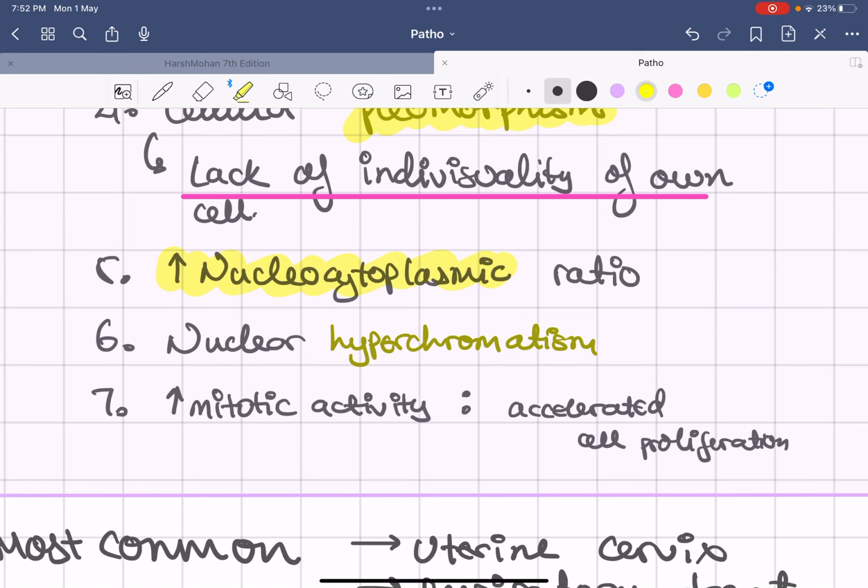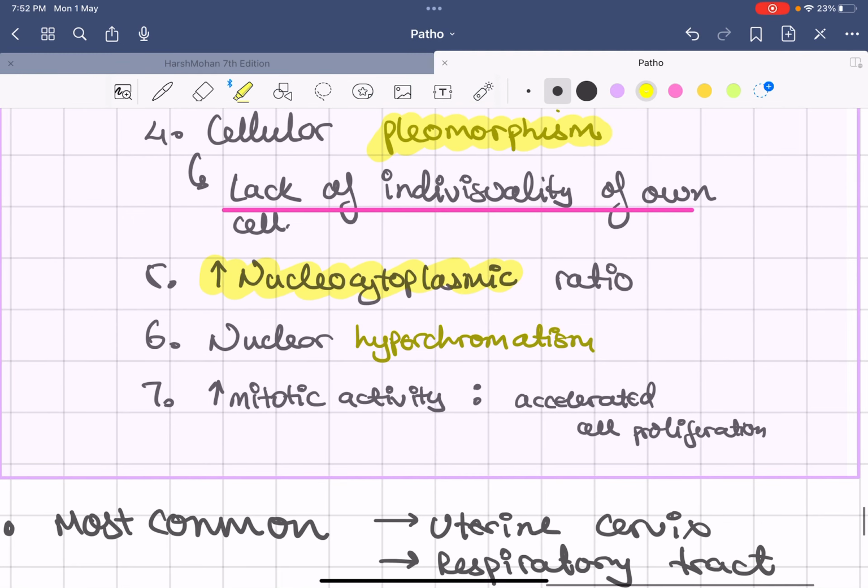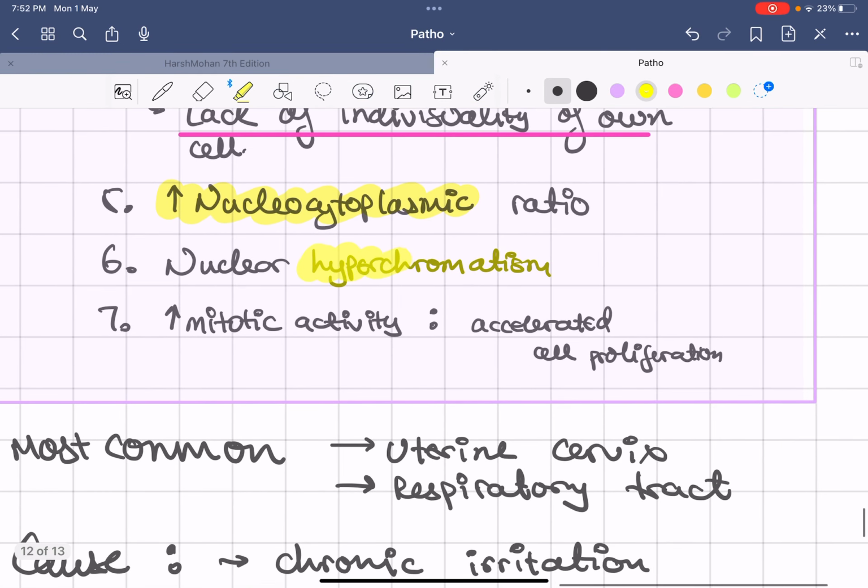The cytoplasm tends to occupy less space, and the nucleus occupies more place in epithelial dysplasia. And there is also nuclear hyperchromatism. When we stain a cell, the nucleus gets more densely stained than it would in a normal cell without dysplasia.